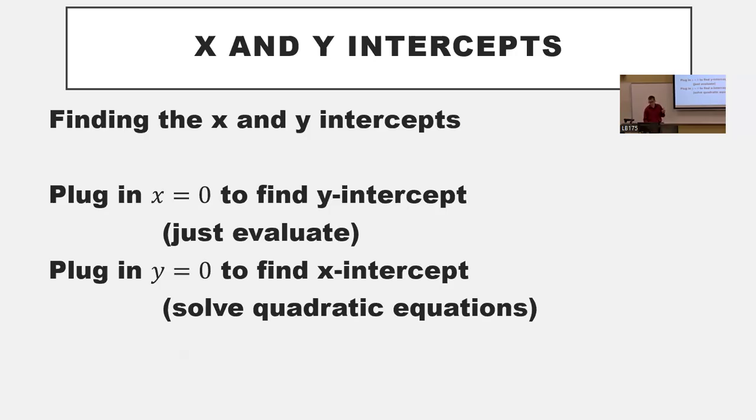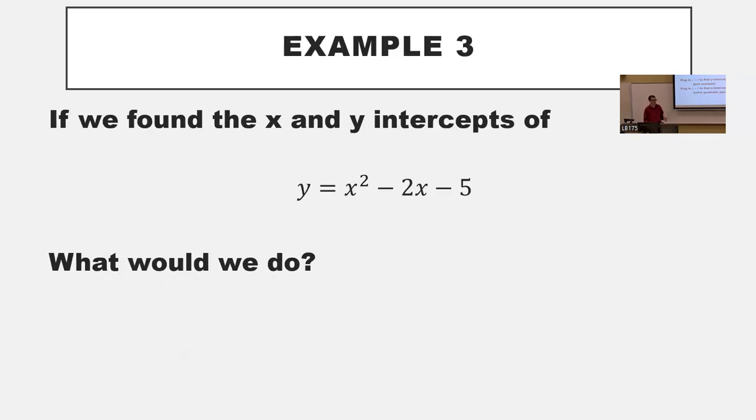The y-intercept, there will always be 1 in a quadratic function, we can find by plugging in 0 for the x value. That's pretty easy to compute. We did that with this example last time. This is kind of where we ended off.